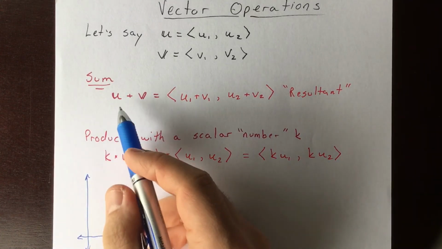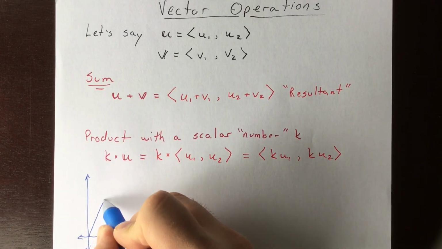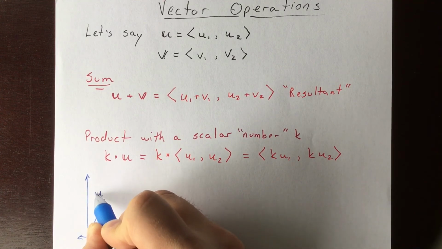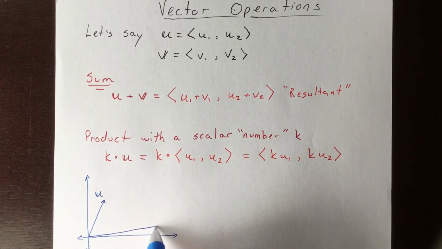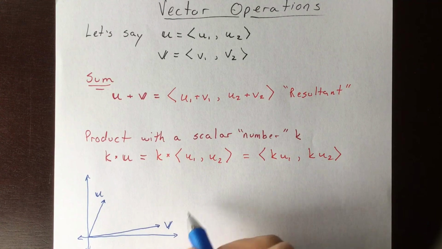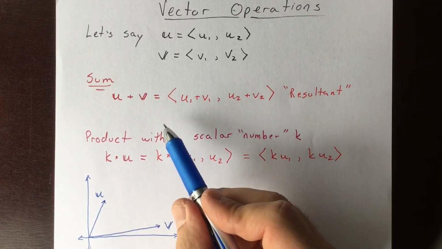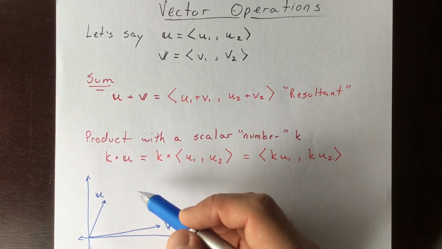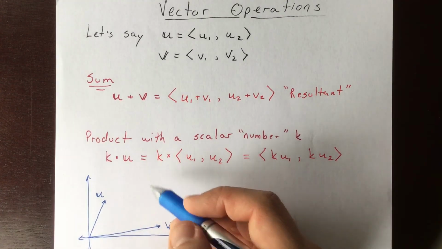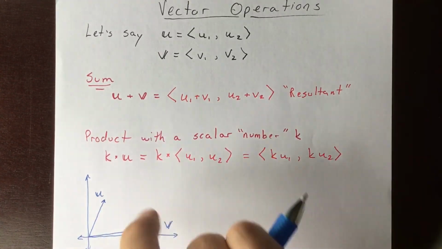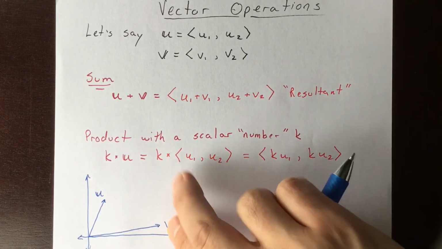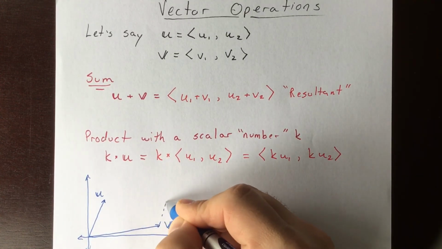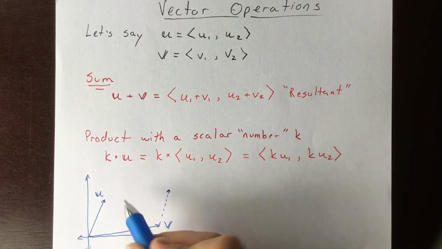Okay, so let's talk about the sum. So if I have some vector u and some vector v, its sum, thinking the parallelogram approach, that's where we imagine we're shifting or sliding this one vector over, and doing the same here.